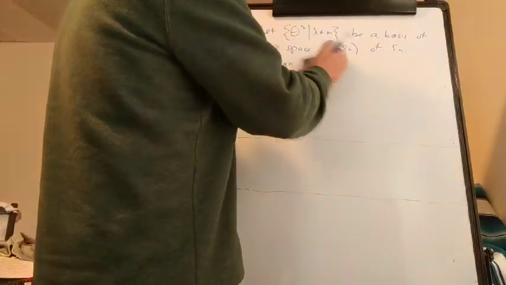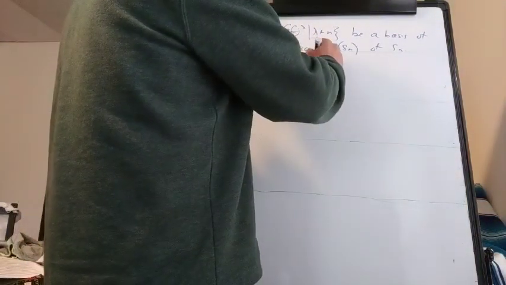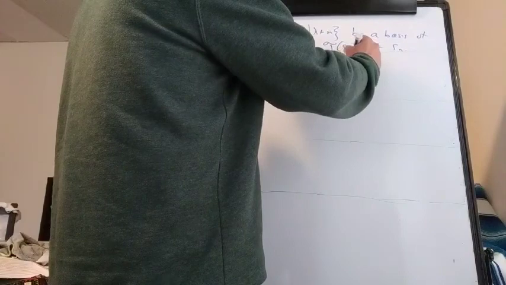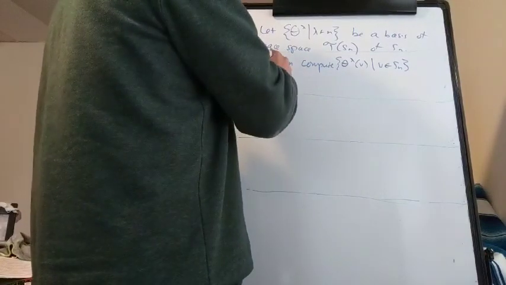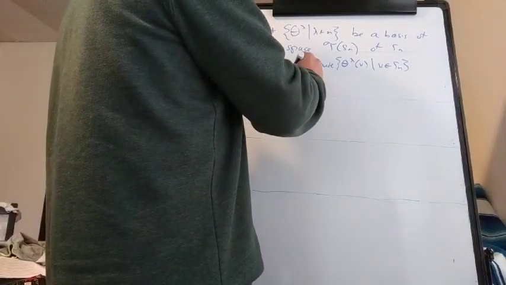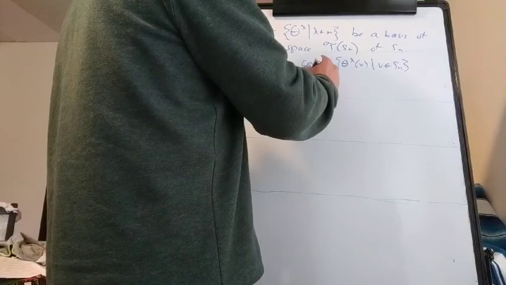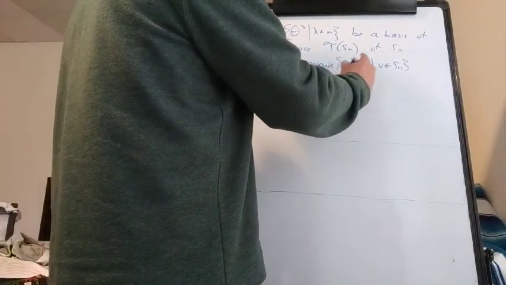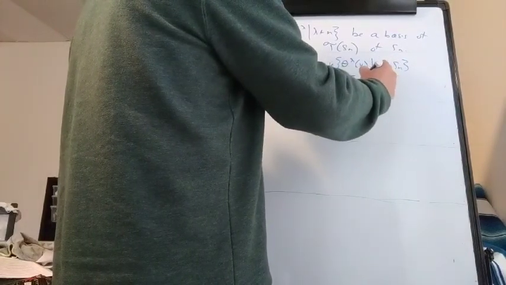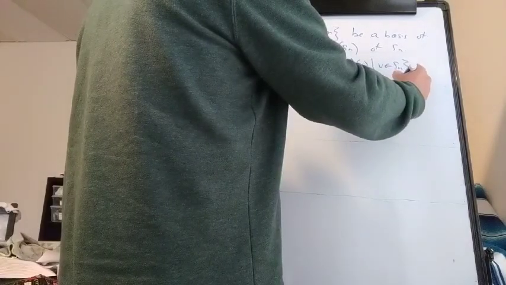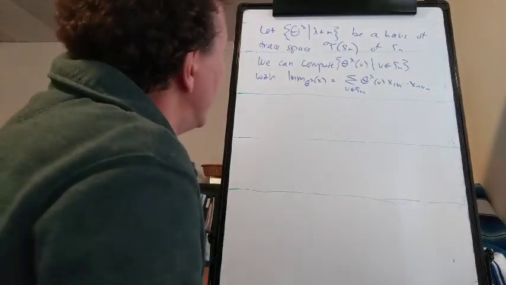So we can compute theta lambda of v for all v in Sn, with an immanant, if this expression has a nice form.